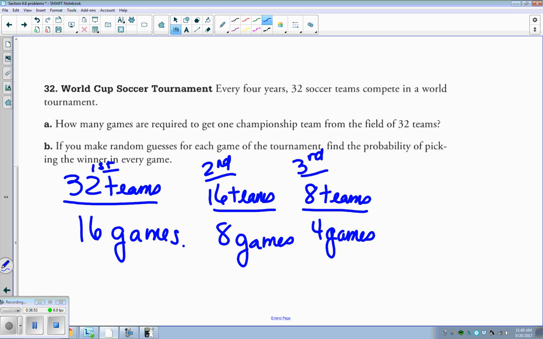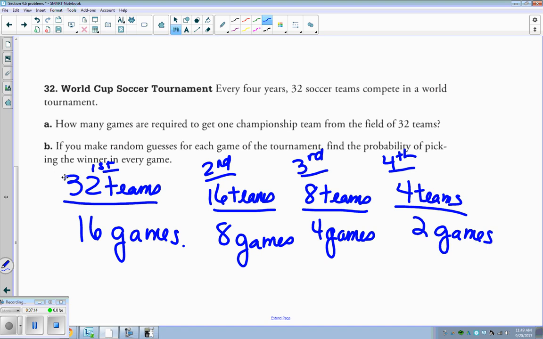My fourth round, wow, I'm down to how many teams? 4 teams left now. How many games is that going to take? 2 games.